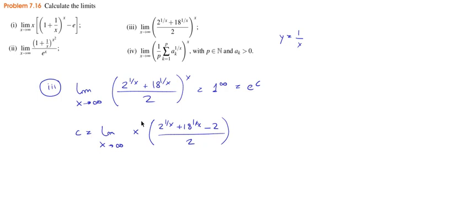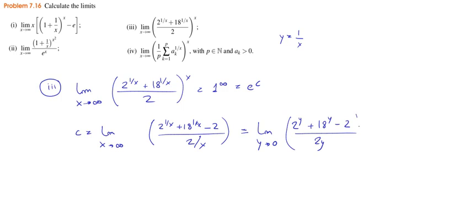And we can get this x dividing here, so this is 1 divided by 1 over x, and so now this is the limit of 1 plus 1 minus 2, which is 0 divided by 0. So again, we can apply L'Hopital's rule, but here before, again, we want to change the variable, so it's 2 to the y plus 18 to the y minus 2 divided by 2y.